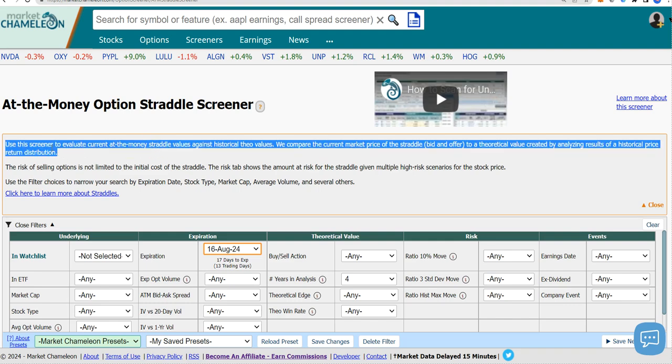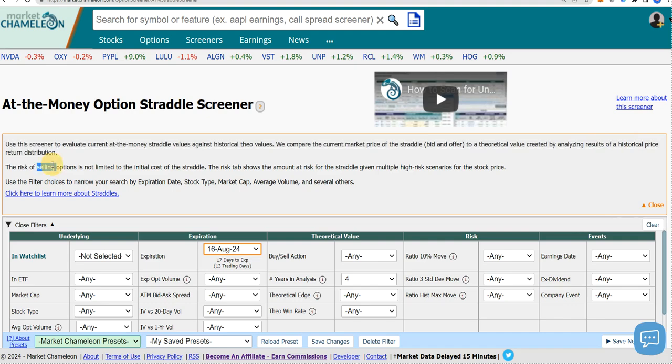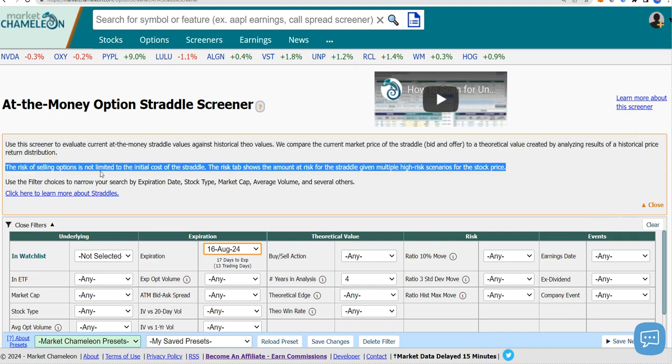So it says here, use this screen to evaluate current at-the-money straddle value against historical theoretical value. We compare the current market price of the straddle, bid and offer, to a theoretical value created by analyzing results of historical price return distribution. The risk of selling options is not limited to the initial cost of the straddle.